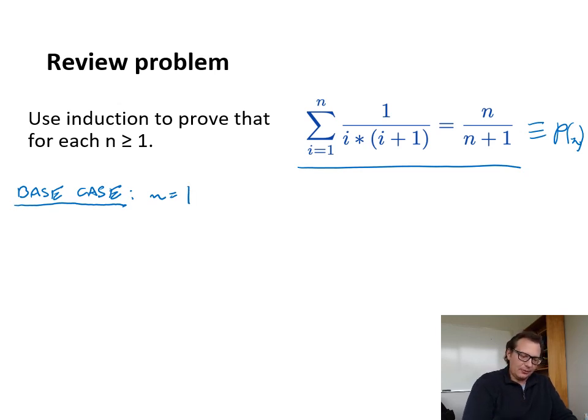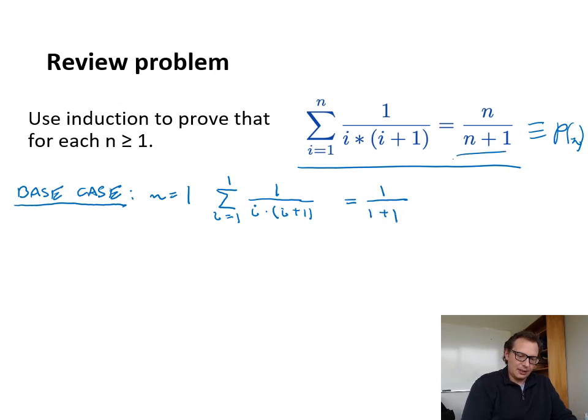So we have the sum from i equals 1 to 1 of 1 over i times (i+1) has to be equal to 1 over 1+1.